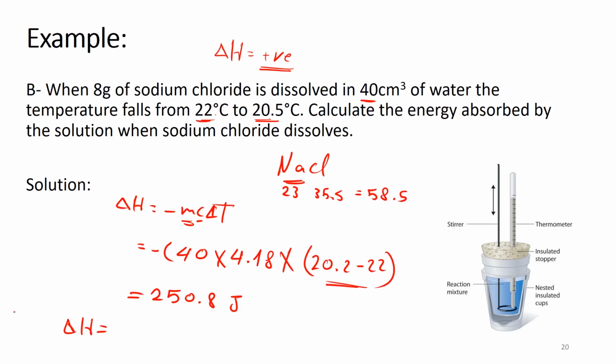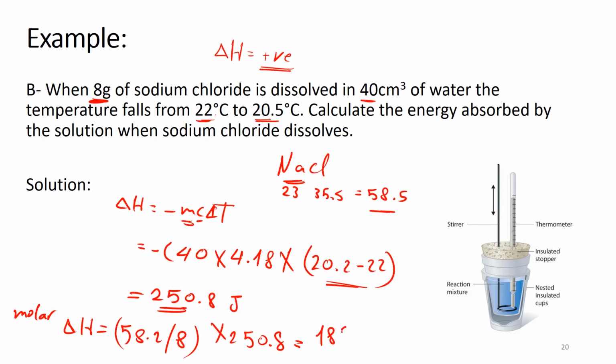So the molar enthalpy change would be equal to my molar mass of sodium chloride, 58.2, divided by the 8 grams that we dissolved, multiplied by the delta H of my reaction. This would be equal to 1832.09 joule per mole.